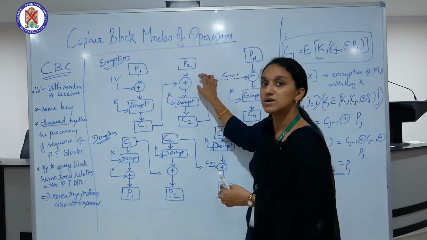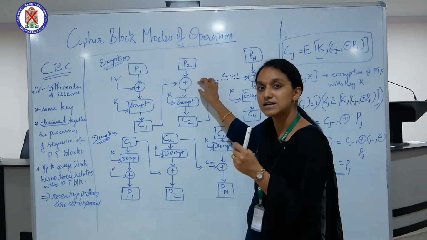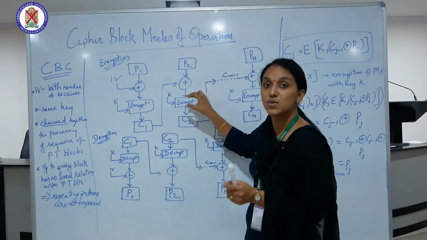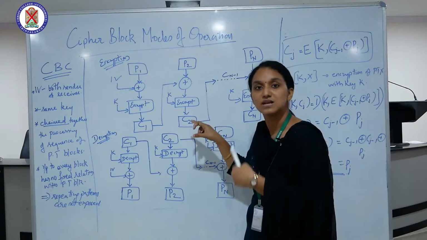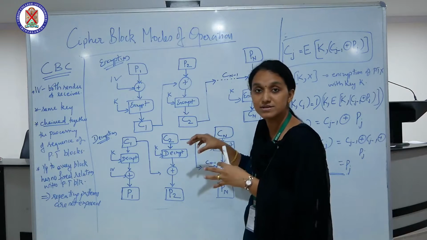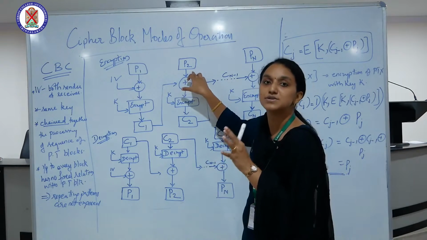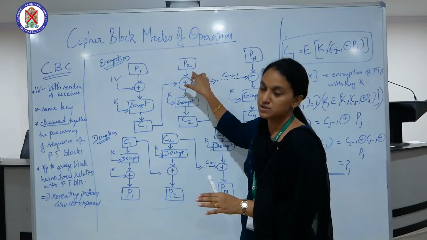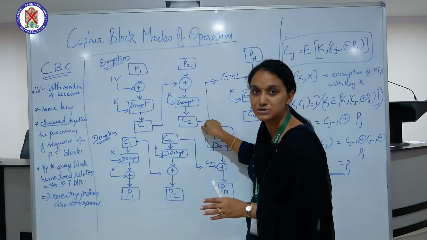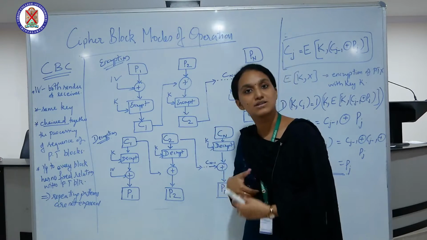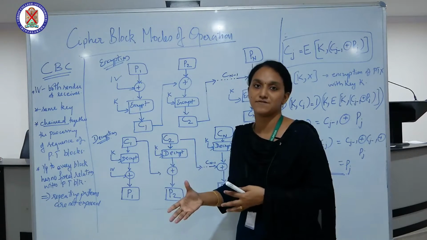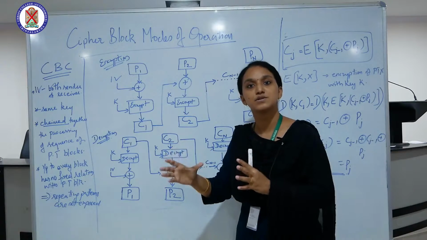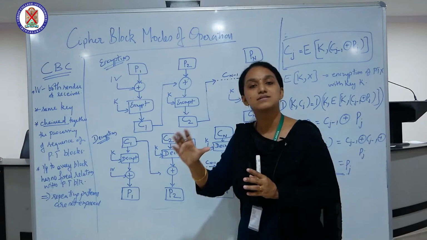Both are XORed, which is again given as the input to the encryption algorithm where the key K is used, and finally you get the new ciphertext unit corresponding to the second unit of plain text. So for P2 we have obtained C2, and now the process repeats for as many units as you have divided your plain text into.